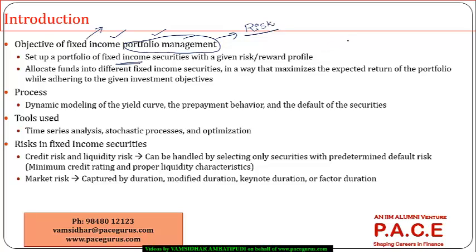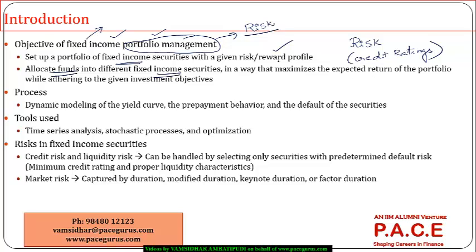So different kinds of fixed income securities will have different amounts of risk. The risk is mostly associated with their credit ratings. So we have different kinds of risks and accordingly we have different kinds of returns that they provide. Now, as a part of fixed income portfolio management, my intention is to allocate the funds to various fixed income securities.